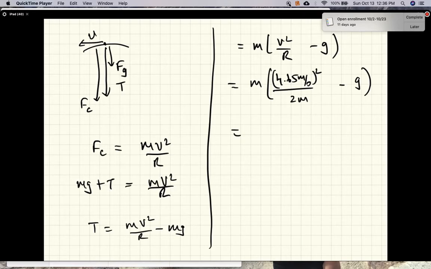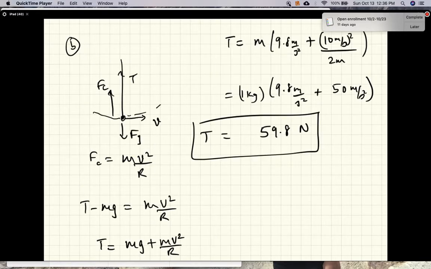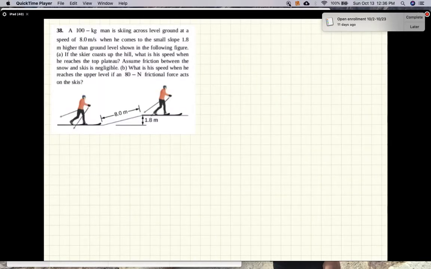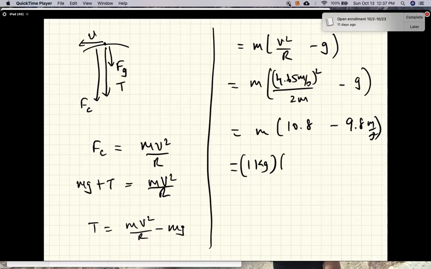Okay, so m times 10.8 minus 9.8, 1 kg, and that's equal to 1 newton.